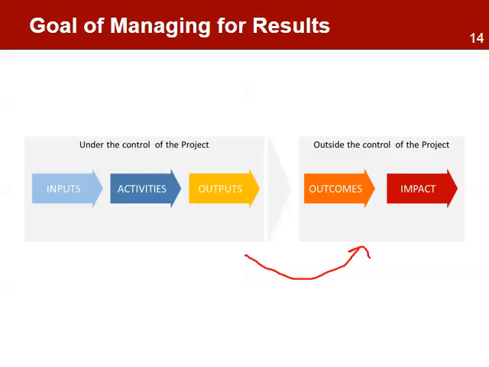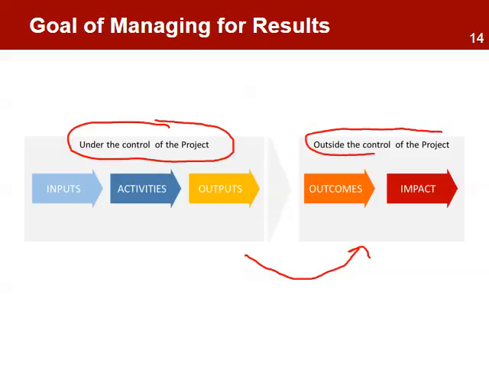Inputs, activities, and outputs are in direct control of the project, while outcomes and impacts are outside the control of the project. A good project design will increase the chances the project can deliver the expected results, but changes in assumptions, risks, and changes in the context can jeopardize the achievement of those results.